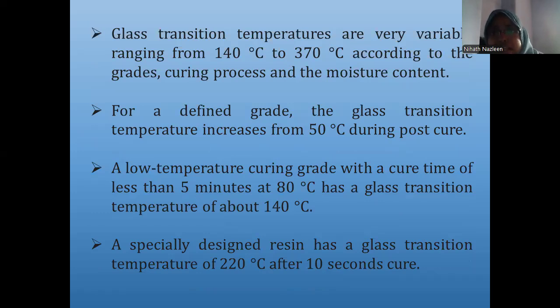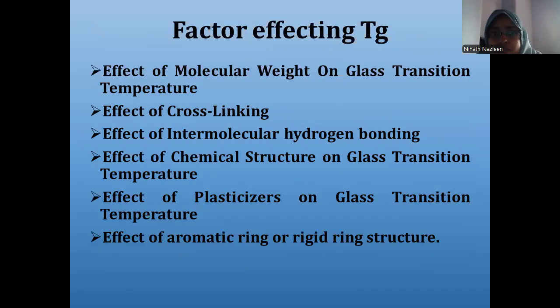For a definite grade, the glass transition temperature usually increases by 50 degrees during post-curing. At a low temperature, the curing grade with a cure time of less than 5 minutes at 80 degrees Celsius has a glass transition temperature of about 140 degrees Celsius. The specially designed resin has a glass transition temperature of 220 degrees Celsius after 10 seconds of curing.